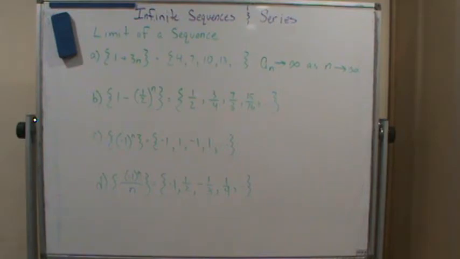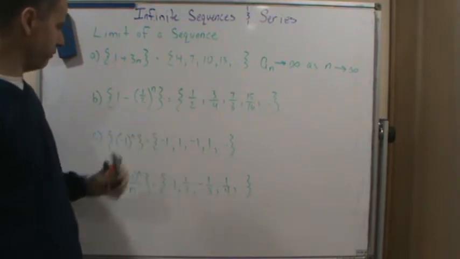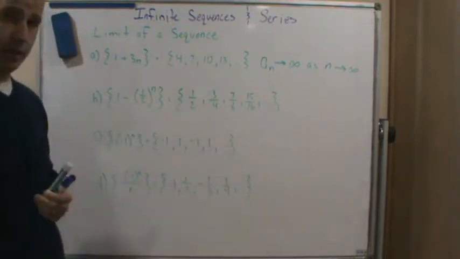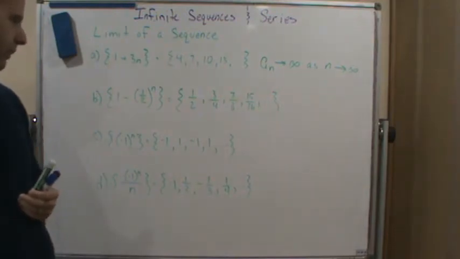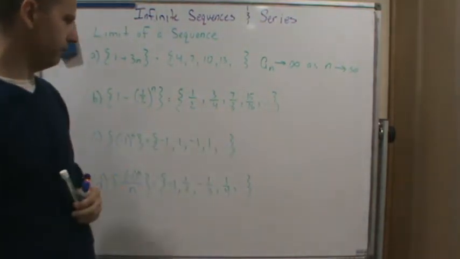Now, what about the next one? Notice this one, we're starting with 1 and subtracting off a power of a half. This is the same sequence we studied in the previous videos: 1/2, 3/4, 7/8, and so on.